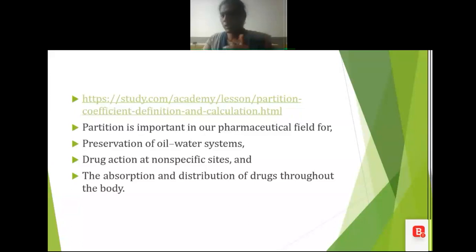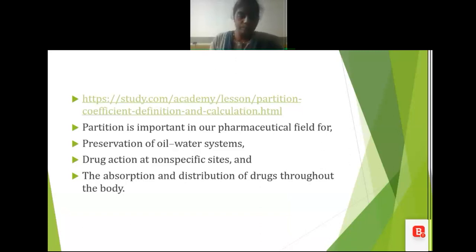It will be distributed throughout the body, no doubt, but it will be concentrated in the lipid tissues when compared to the ordinary tissues of the body. If the partition coefficient of the drug is less, the drug will not be distributed in the lipid tissues; it will be located in the aqueous tissues of the body.